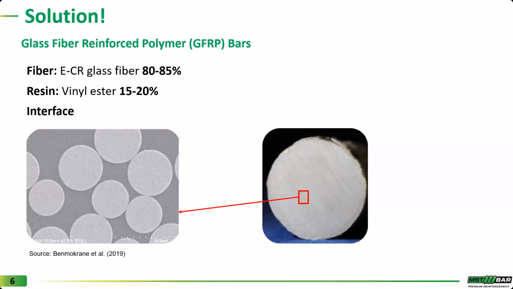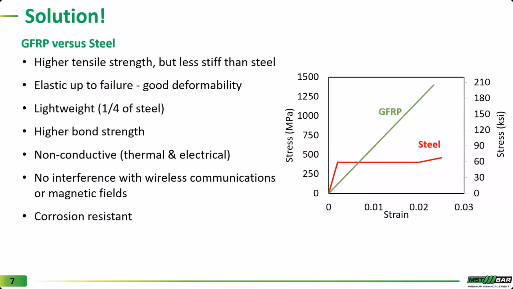And the resin that showed a very good performance and durability for construction application is vinyl ester that we used. Worth noting here is that in a cross section of MST bar, there is around 80 to 85% continuous fibers, and the remainder of 15 to 20% is vinyl ester resin.